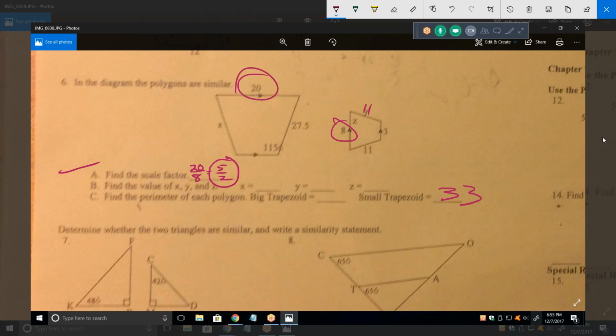Okay? Now, the perimeter is a linear measurement. So the scale factor of the perimeters is going to be the same as your scale factor. So what's the perimeter of the big trapezoid? Five over 2 times what?